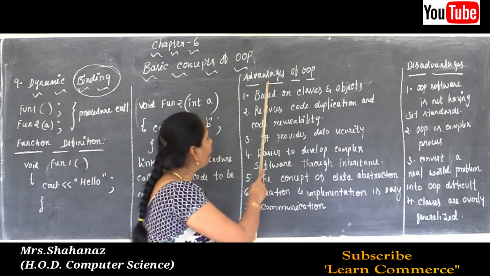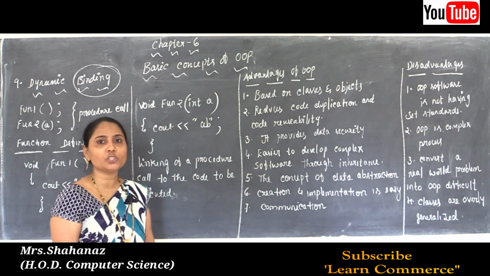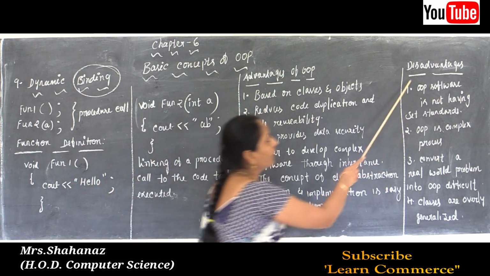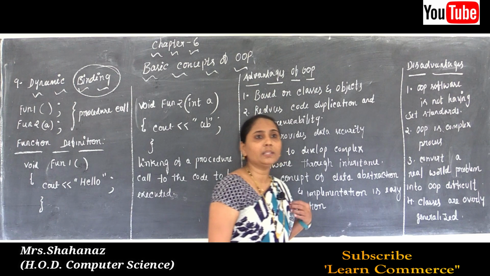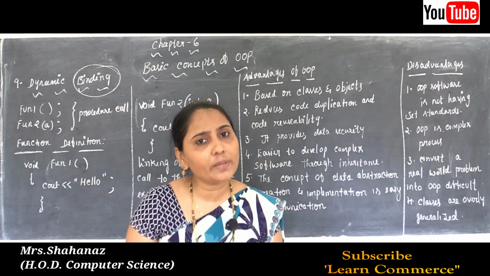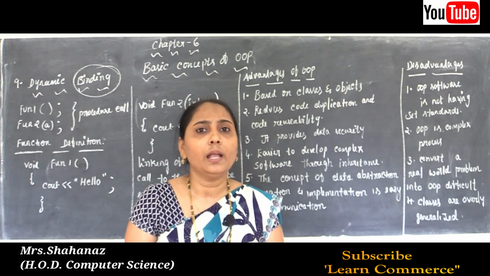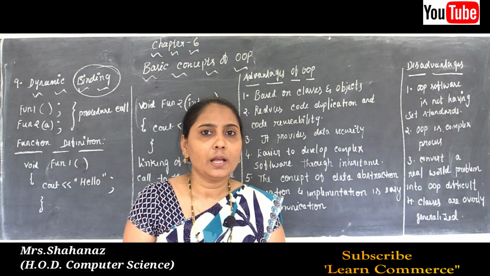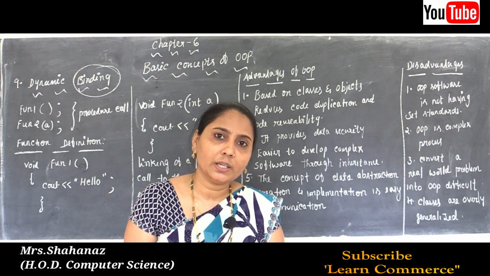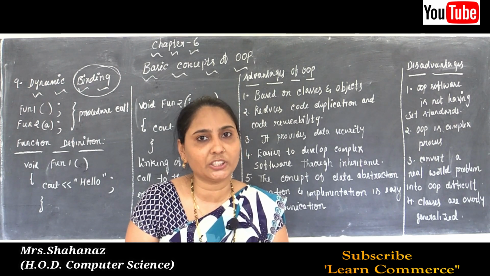And after knowing the advantages of object oriented programming, now the disadvantages. So what are the disadvantages? Before telling the disadvantages, we can say that every aspect in the universe has both advantages and some disadvantages.